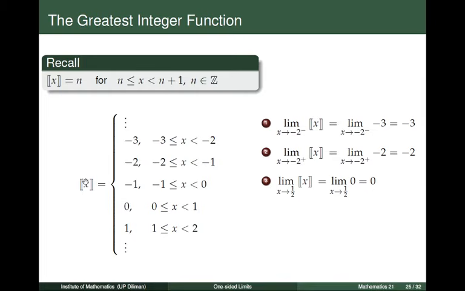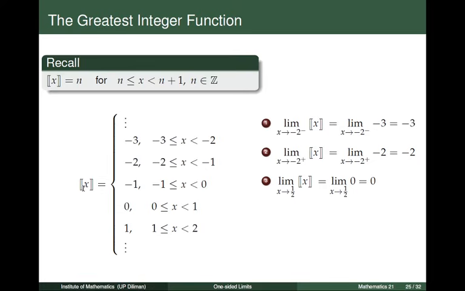So in particular, the greatest integer of x is equal to 0 when x is greater than or equal to 0 but less than 1. The greatest integer of x is equal to 1 if x is between 1 and 2, 1 included, 2 not included.